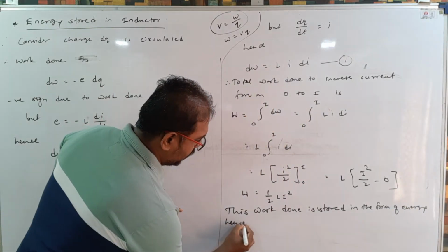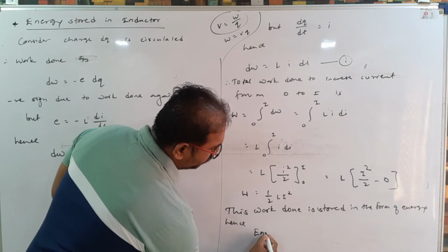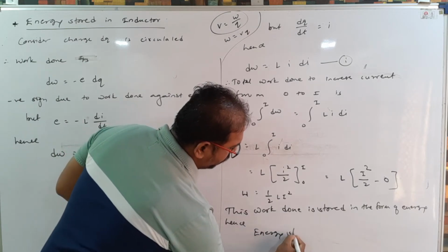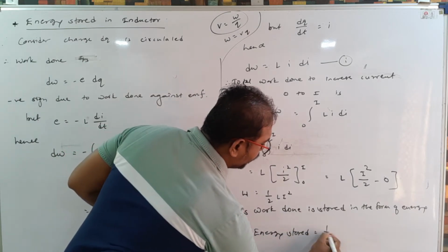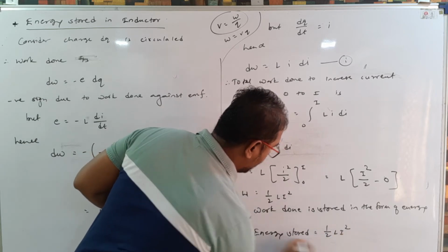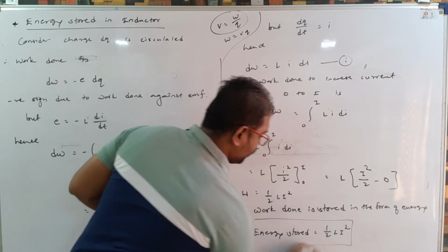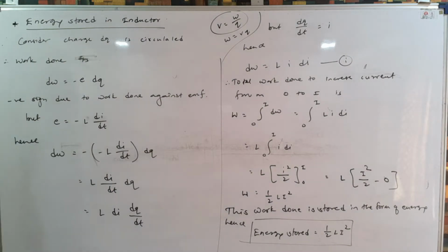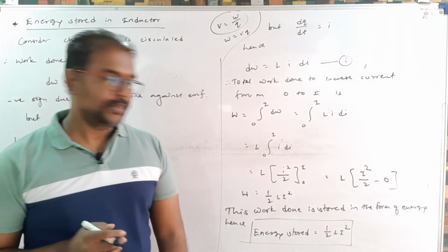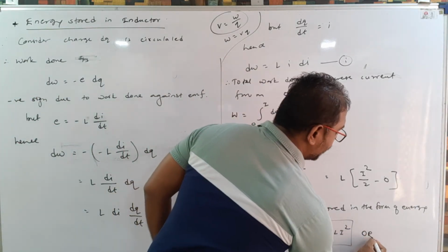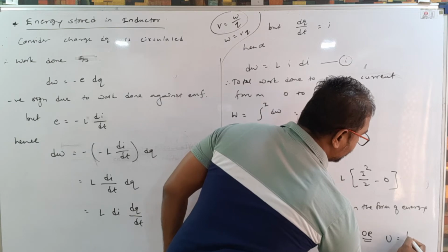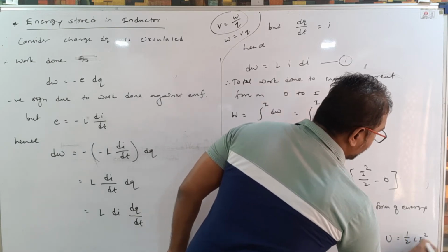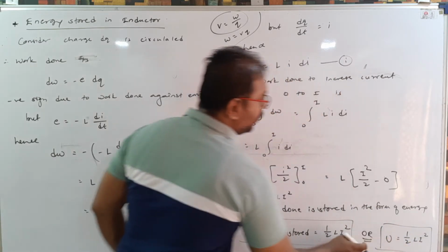Hence, energy stored is equal to half L I square. So this is the formula for energy stored. I hope everyone understood how we get this energy stored. Or I can write the same in symbolic form. Energy stored is 1 by 2 L I square. Energy stored I can represent by U, capital U.